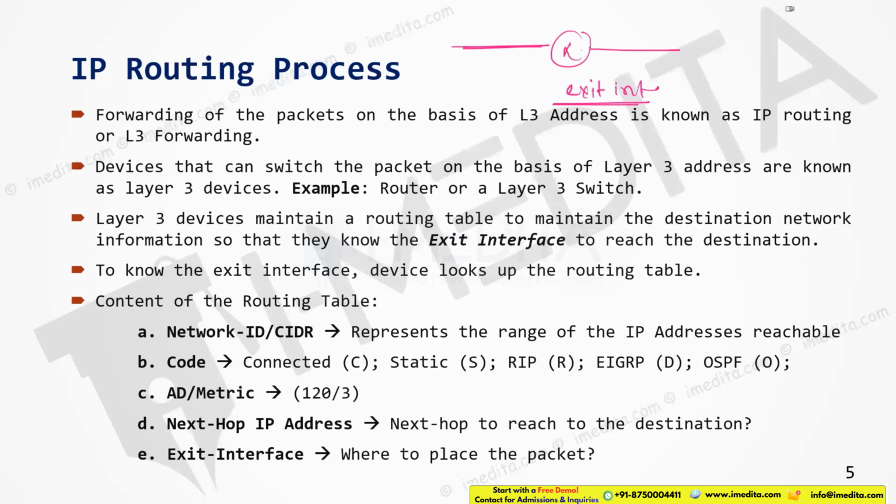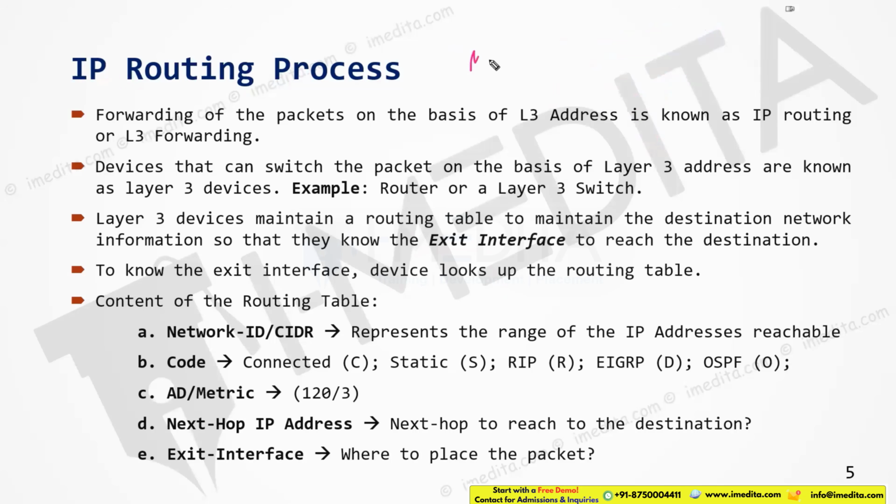If we want these layer 3 devices to be able to route the packet, then they must know which is the exit interface from where we have to forward the packet in order to reach a given destination.